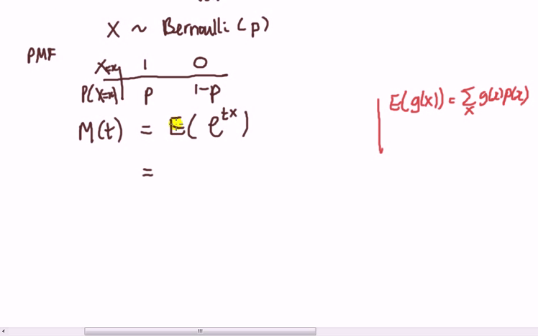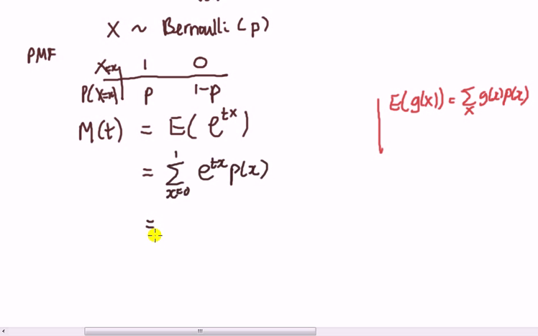Okay, so noting that the Bernoulli is discrete, we sum, not integrate, over the values of x. In other words, over the possible values of x. Well, the only possible values of x are 1 and 0. So let's say 0 and 1, and e to the tx times the probability mass function, let's just say p(x).